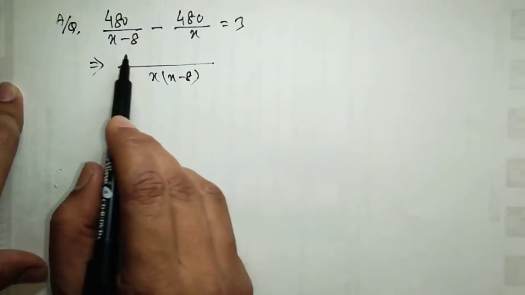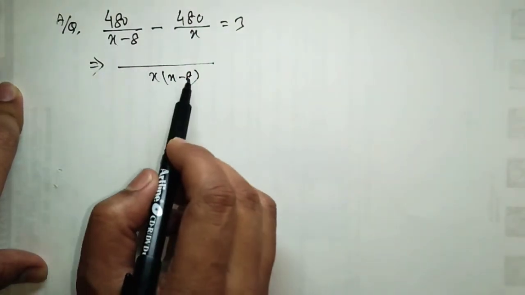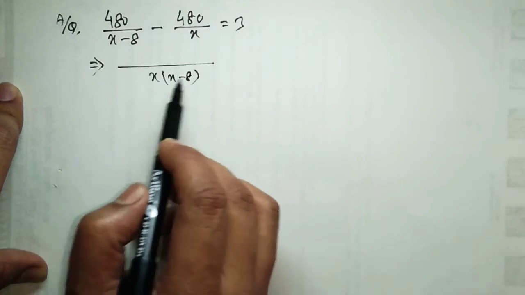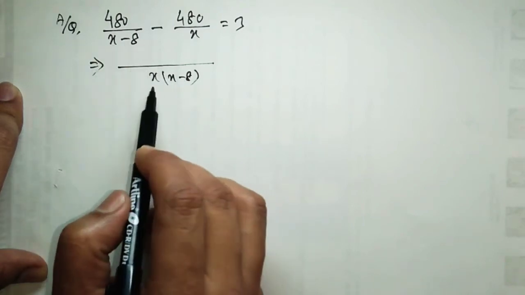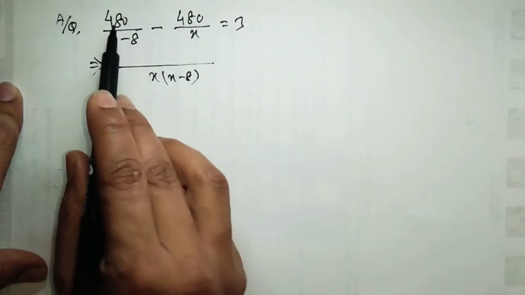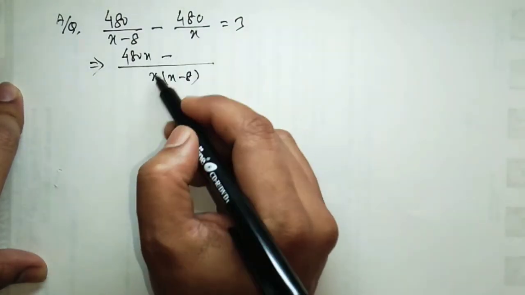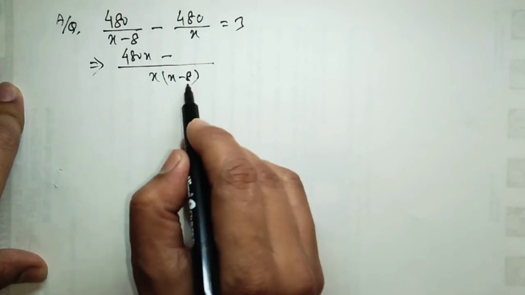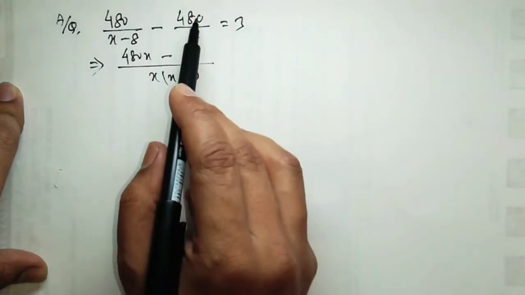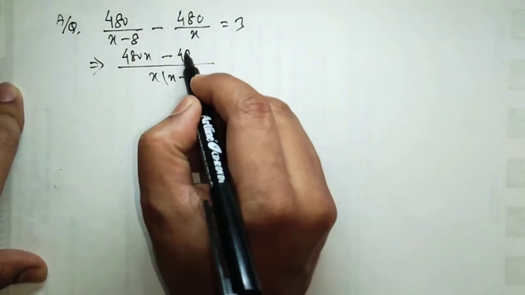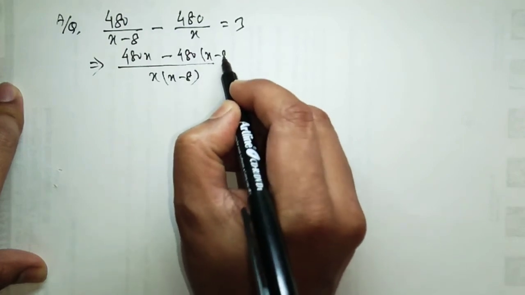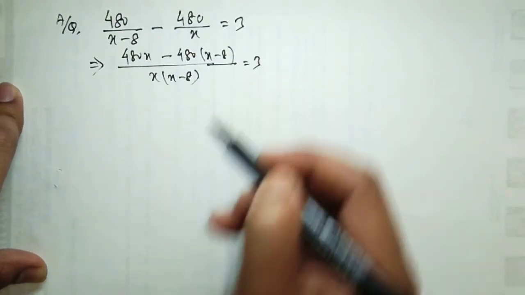Now since the LCM is x into x minus 8, x minus 8 is the same, so they cancel. What is left here? x into 480, so 480x minus, here the remaining factor is x minus 8, multiplied with the other term, 480 into x minus 8, is equal to 3.